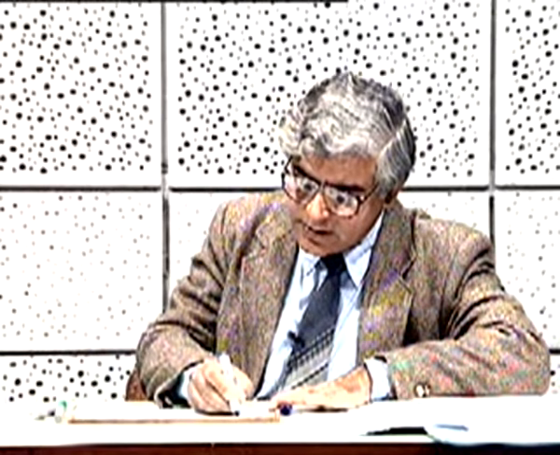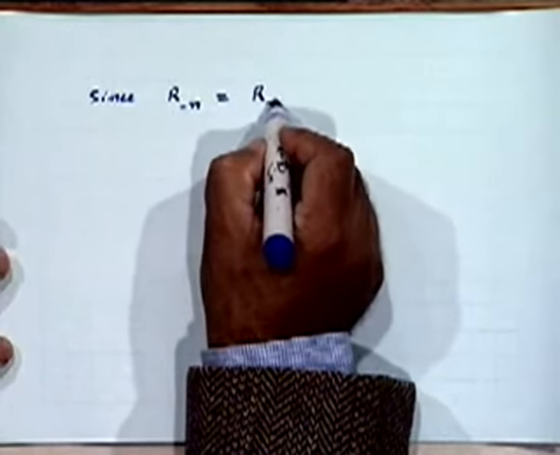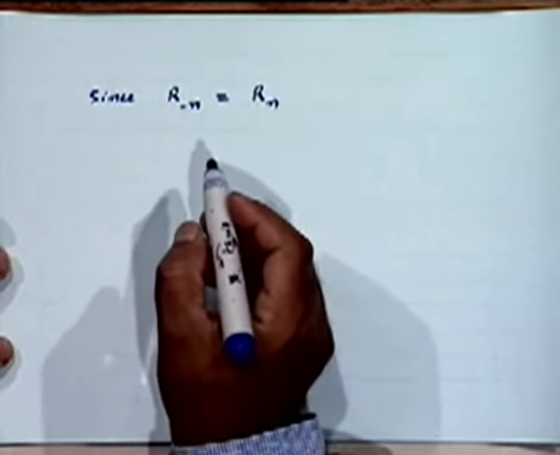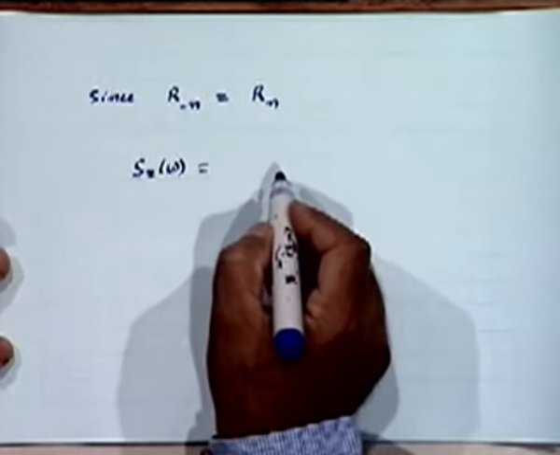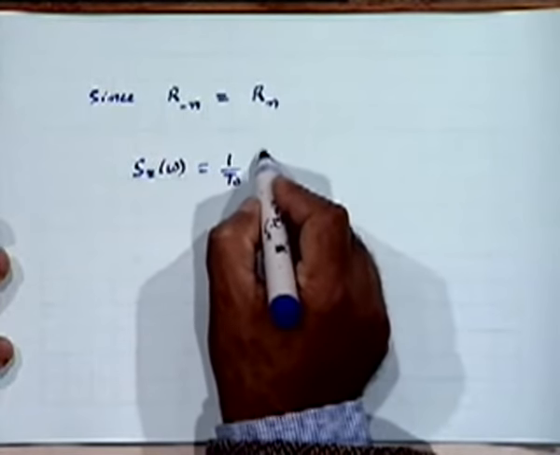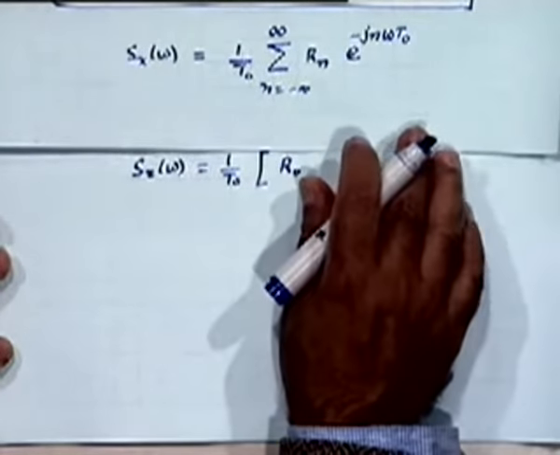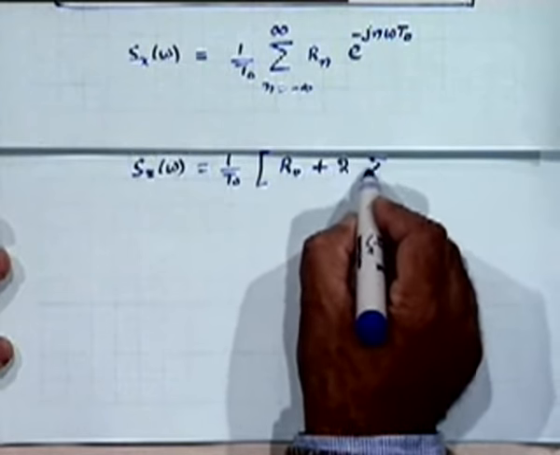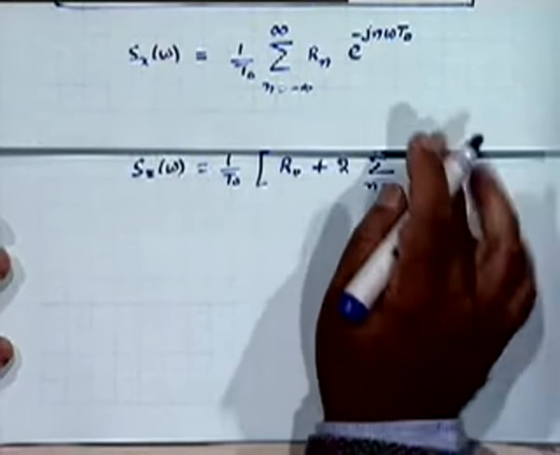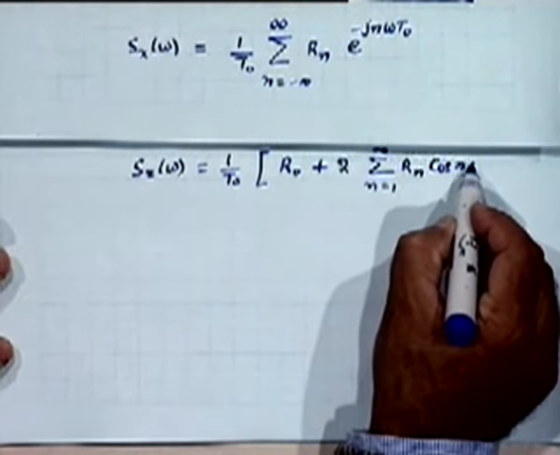Now we can also use the fact that R sub minus n is the same as R sub n, right? And obtain an alternative expression which is dependent only on cosine functions: 1 by T0, where I have taken out the R0 term, plus 2 sigma n equal to 1 to infinity R sub n cosine of n omega T0.